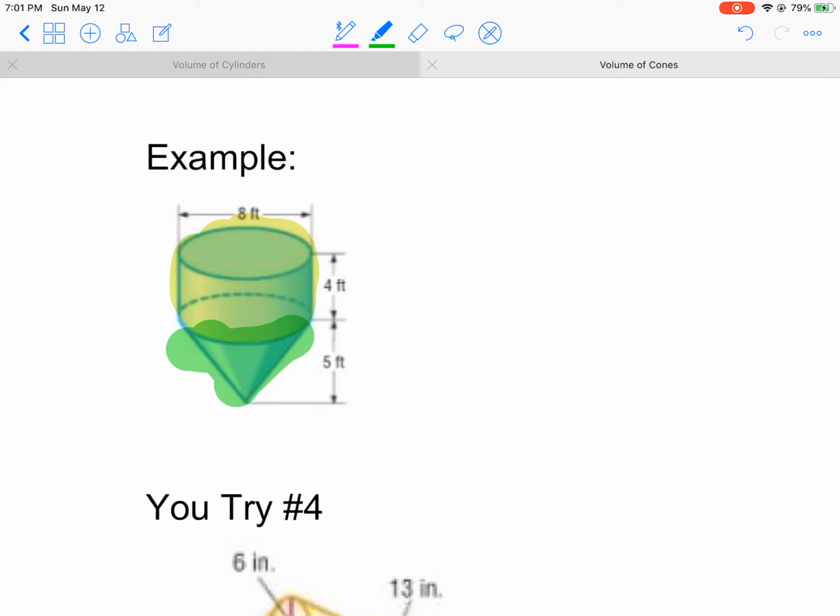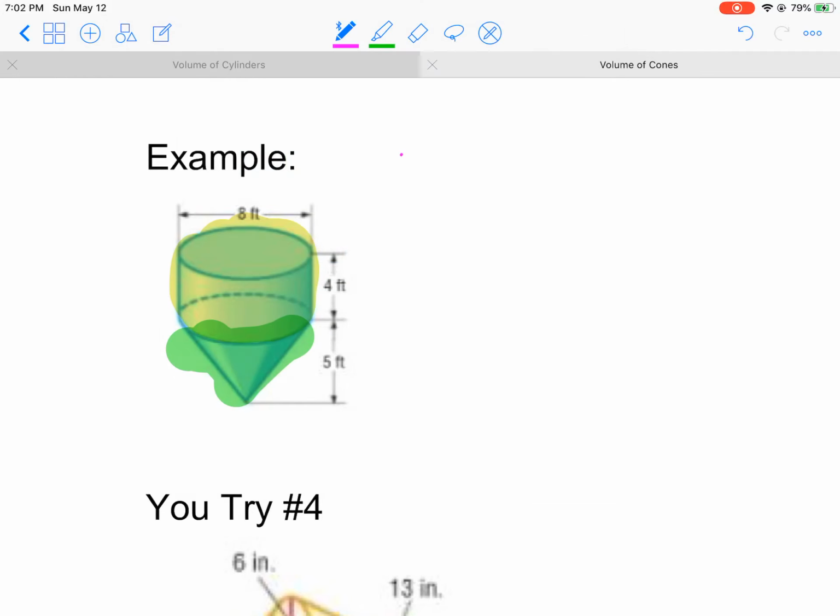So we find the volume of the cylinder and the volume of the cone. We're going to find the volume of the cylinder, which if we remember was pi r squared times h.